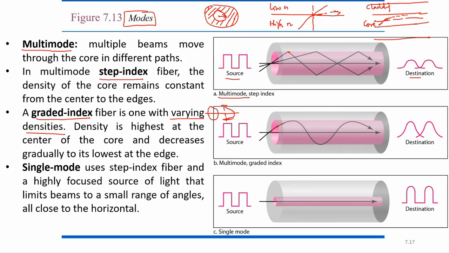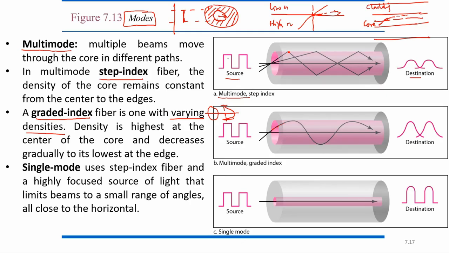This is how the profile of the density will look for graded index fibers. Similarly, in the case of step index, if this is the core, its density or refractive index will be constant throughout, whatever value it is.